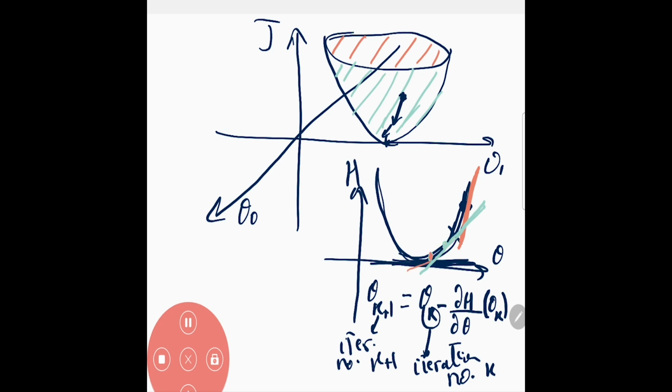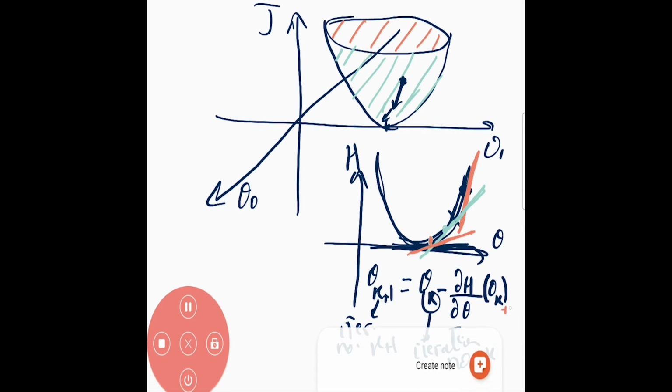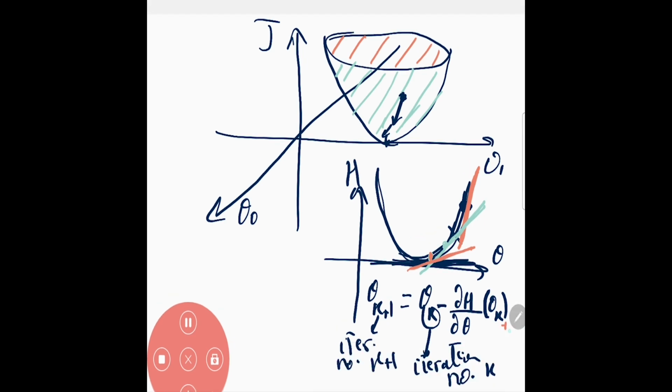And we get a new slope, which is also positive, but with a slightly reduced value. So that means if we plug in that value of the derivative right here into this equation once more, we get theta k plus 2, for example, and we use theta k plus 2 to get theta k plus 3 in this case.